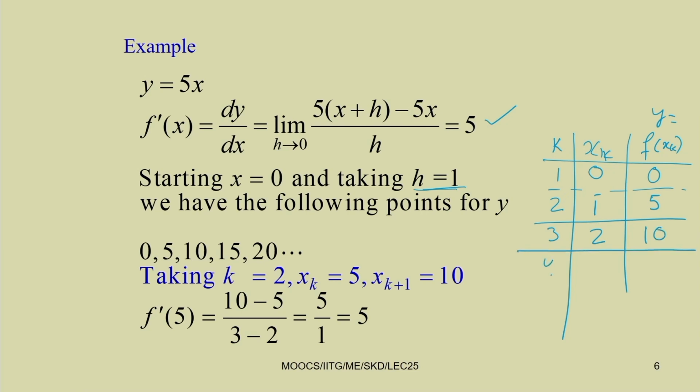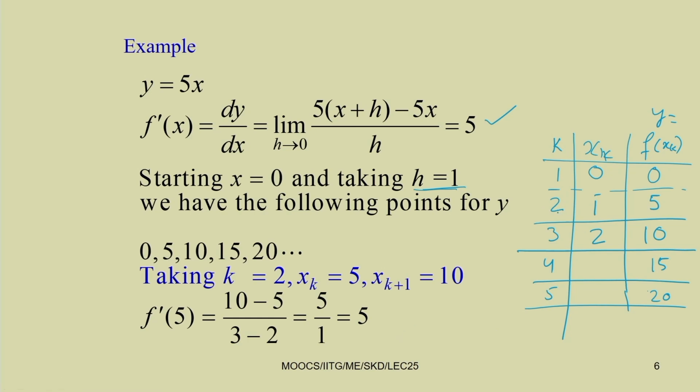This way one can find out different values of xk and f(xk). Here we can have the y values 0, 5, 10, then 15, then 20. So go on increasing this value and we can have different values of xk.